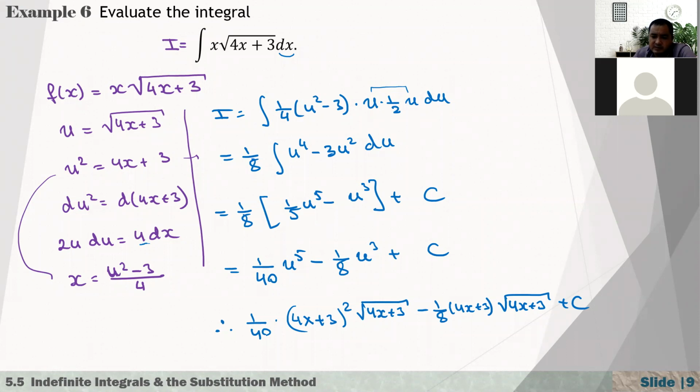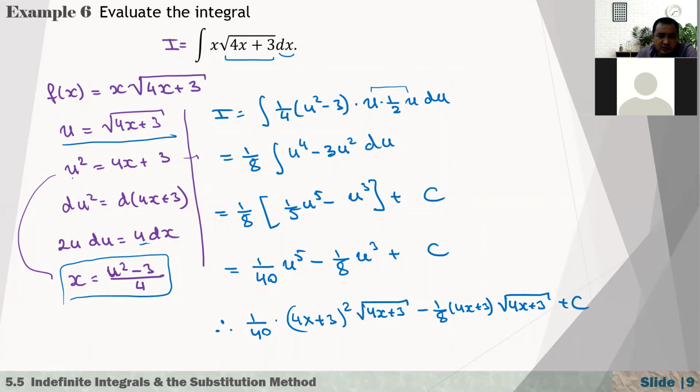What I did here is a very simple thing. First, let me introduce u as the square root of 4x plus 3. So this 4x plus 3 under the root will be u. Now if you solve this equation for x, then x is equal to u squared minus 3 over 4. I'm just trying to write everything without any roots.